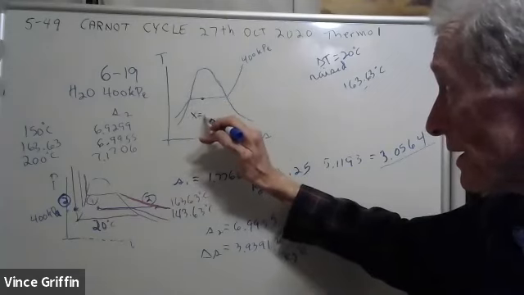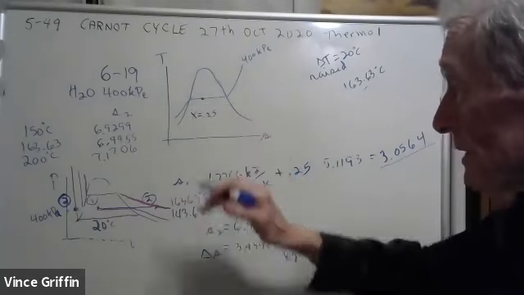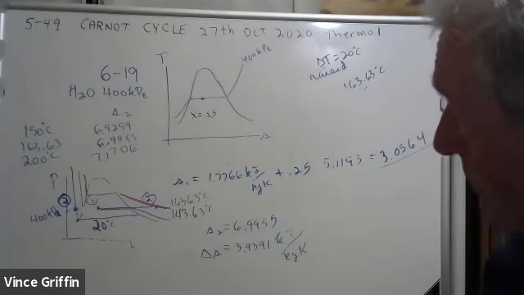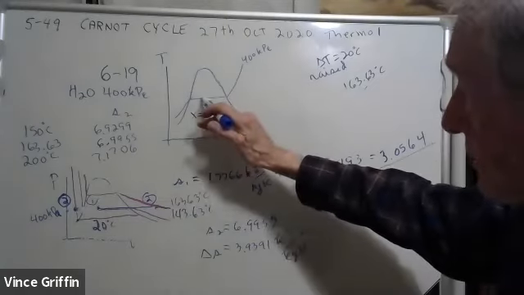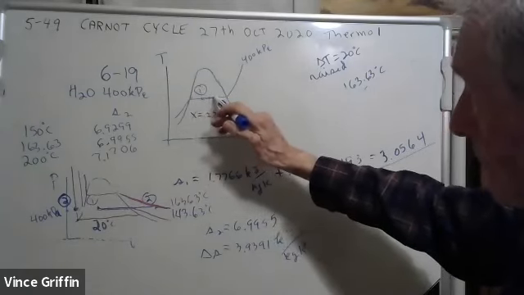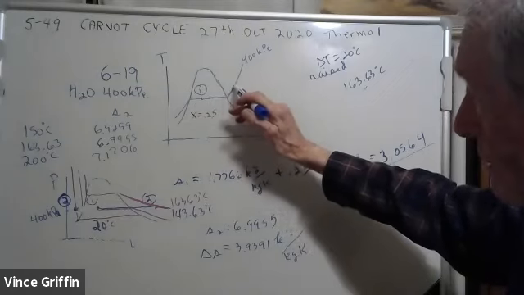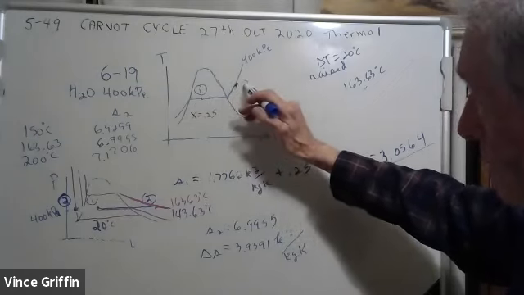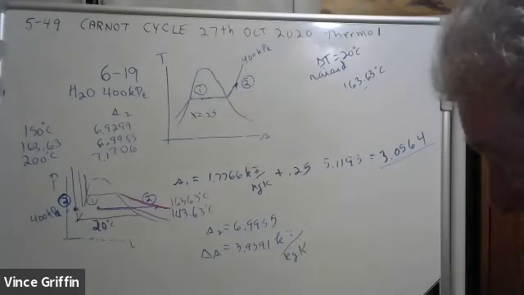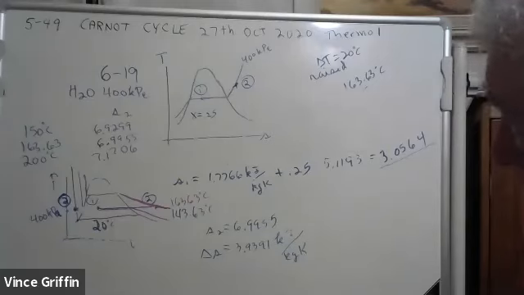X is 0.25. And we're going to follow an isobar, they said. Well, what we're going to do is go from here at state 1, follow that isobar, and come up to here to state 2. There's our process. It's an isobar on a TS diagram.